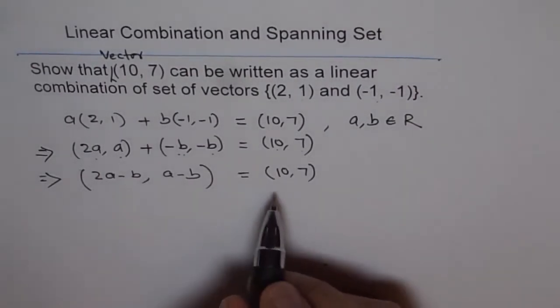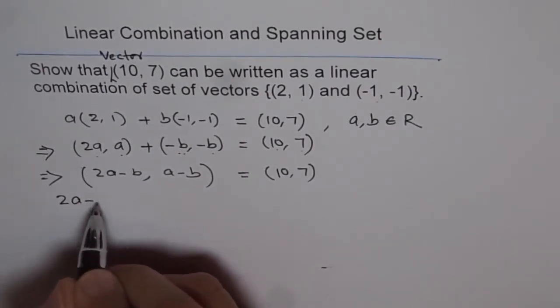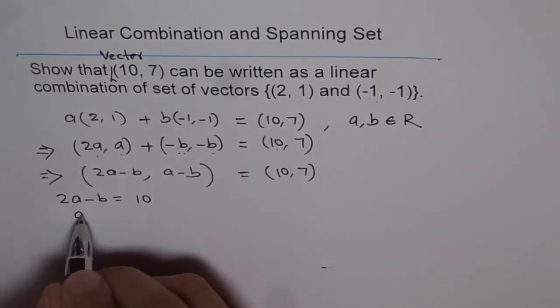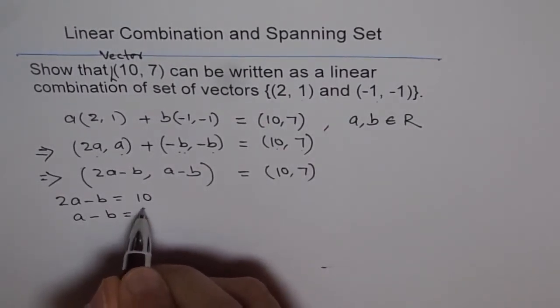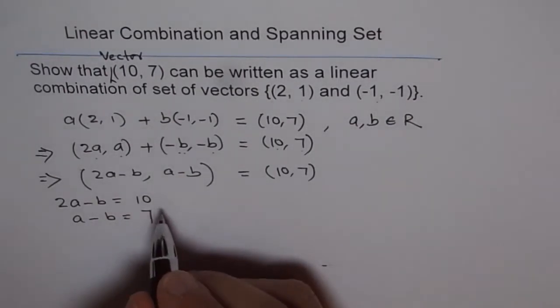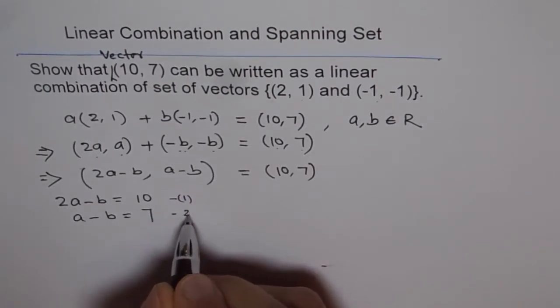So that gives us two equations. Equation 1 will be 2A - B = 10, and equation 2 will be A - B = 7. Right? So we got two equations. Let's number them as equation 1 and equation 2.